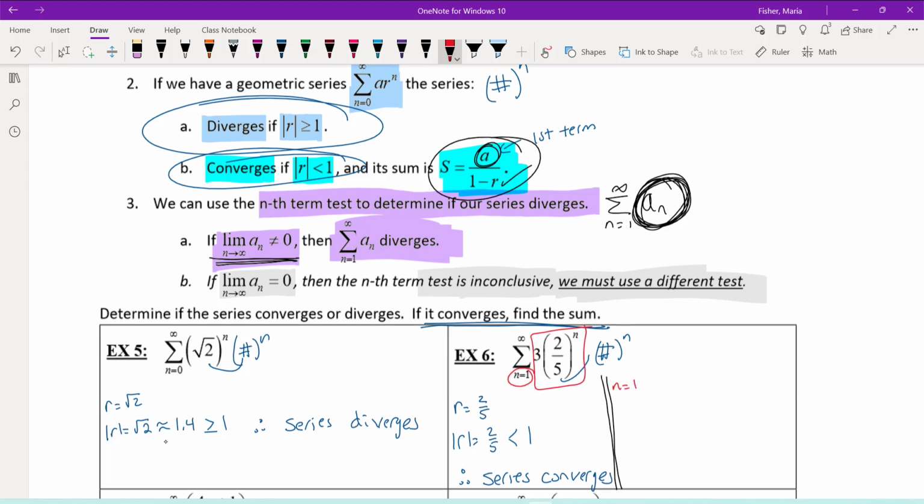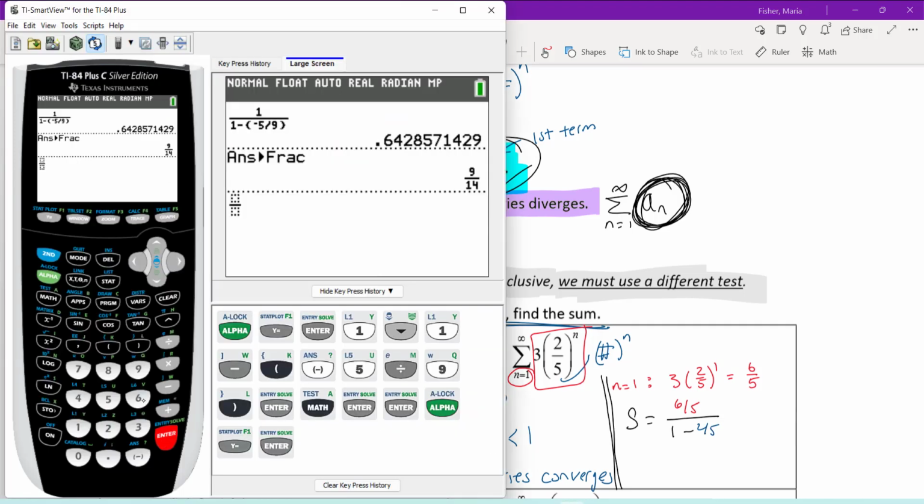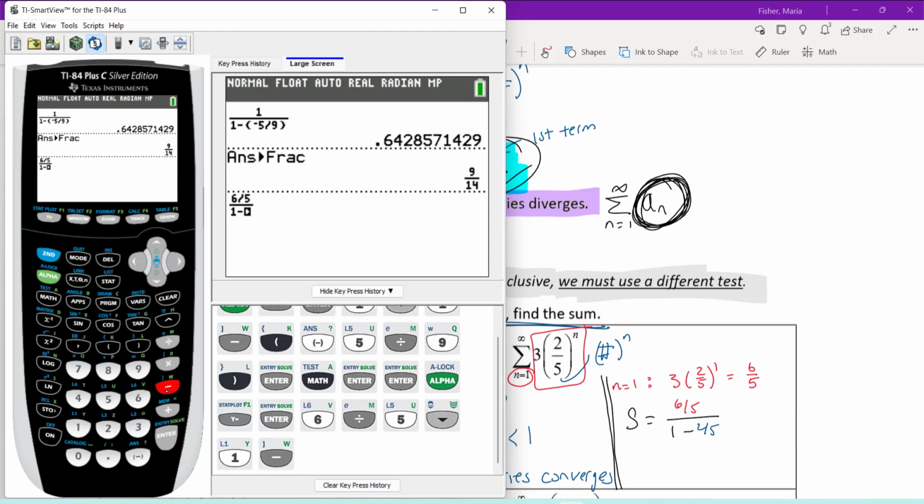So when n is equal to 1, I get 3 times 2/5 to the first, which is 6 over 5. Therefore, my sum, S, is going to equal a, which is 6/5, divided by 1 minus r, which is 2/5. Grabbing a calculator, 6 divided by 5 divided by 1 minus 2 divided by 5.